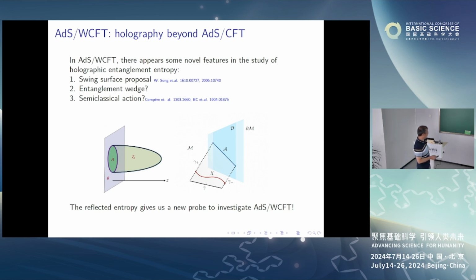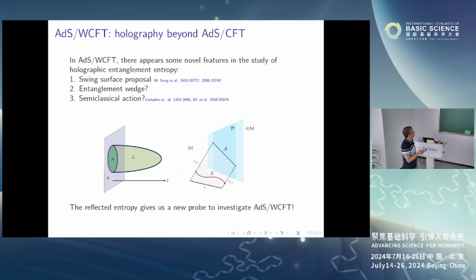But it's not very clear. In this case it's quite subtle, since the bulk side is not a standard Riemann geometry, Riemann surface. Strictly speaking, it's Newton-Cartan geometry, and so the entanglement wedge is not very clear.